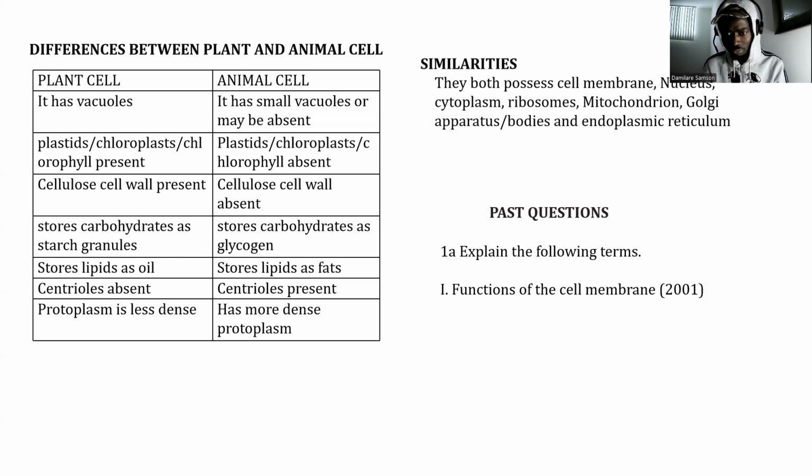Some of the questions here say, explain the functions of the cell membrane. Please, anytime they ask this question, basically you always see it in number 1 or number 2 in your exam. That's the theory part. Anytime they ask, try as much as possible to get up to 10 points, point 1, point 2, make it up to 10.